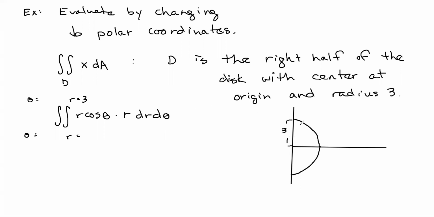If this goes all the way to the origin, then the inner radius is going to be 0. There is no inner radius. It fills in all the way to the center. All right, and then for theta, if this is 0, then this way we would have negative theta. So we would go from negative pi over 2 up to pi over 2.